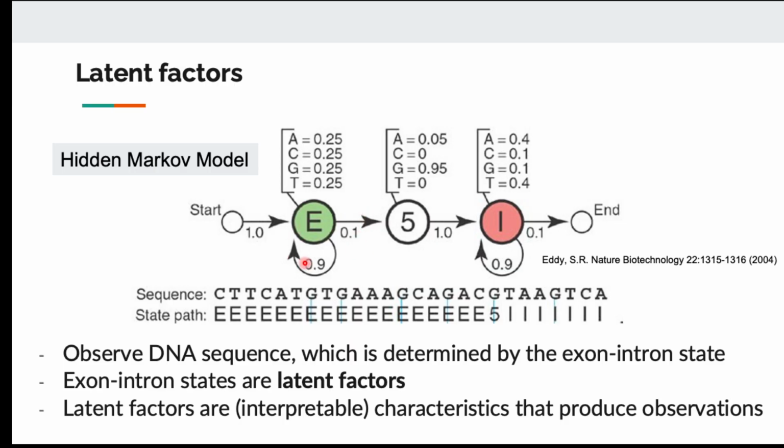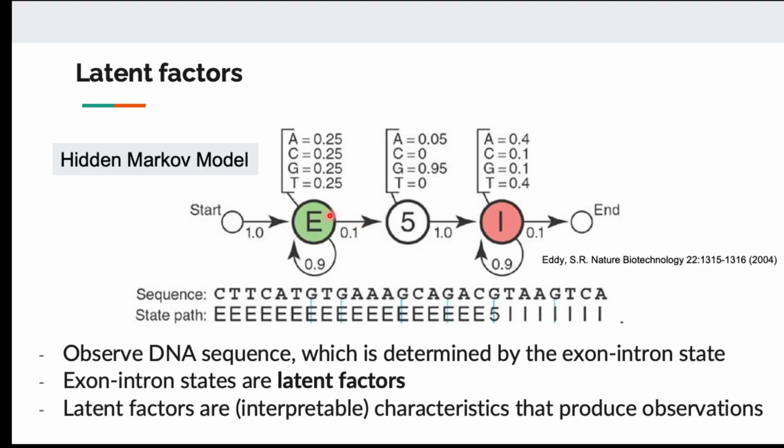Most of the time, you will generate a long exon before you go into the splice site. In the splice site, there's a bias toward G and sometimes A. So you have different nucleotide frequency for the 5' splice site. And the intron, let's say we have a bias toward A and T, like 0.4 and 0.4, and less frequency of C and G, so low CG content.